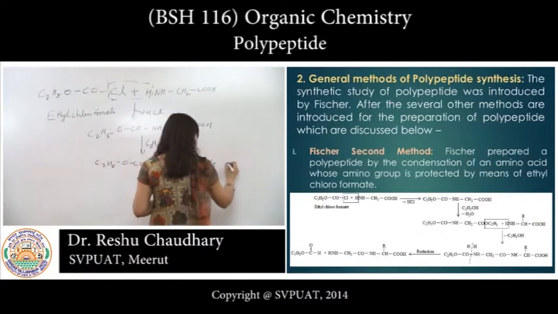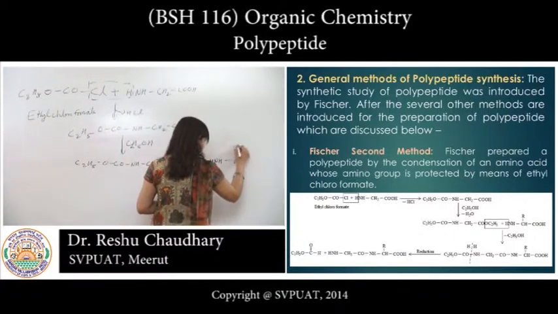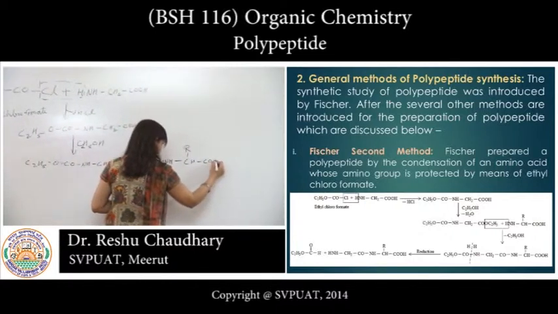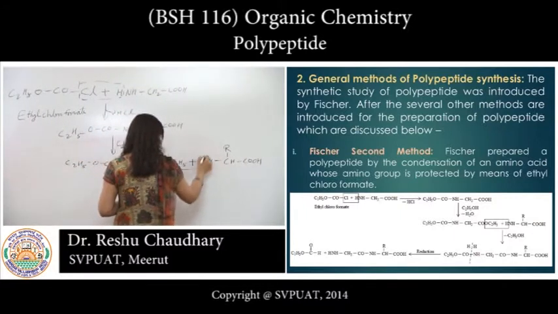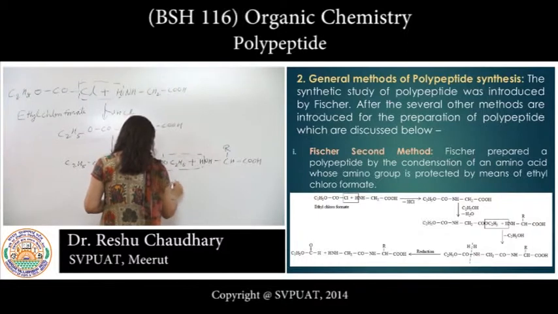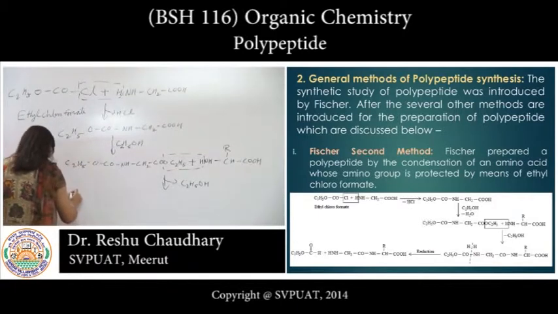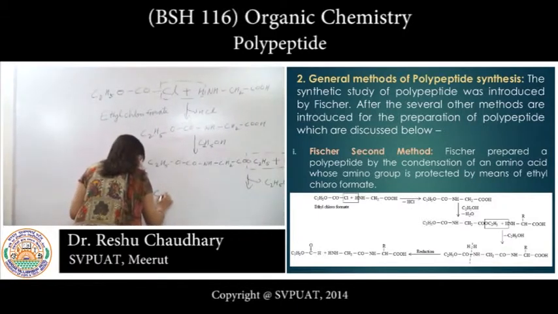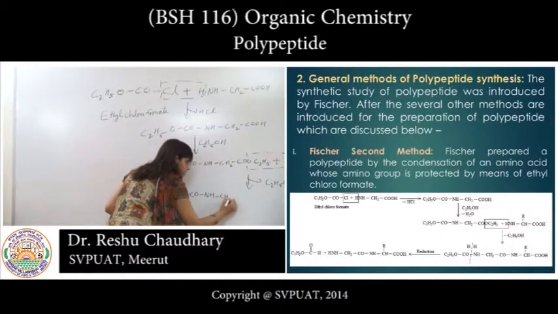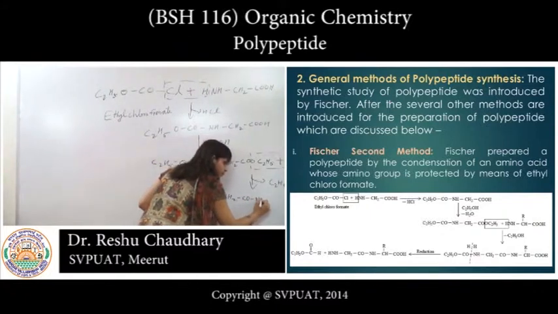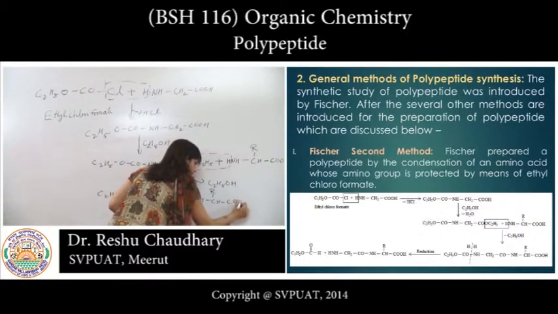When it reacts with another molecule of amino acid, there can be any type of amino acid, acidic, basic or aromatic, then ethyl alcohol comes out, C2H5OH comes out, and the product will be C2H5O, CO, NH, CS2, CO, another peptide bond is formed, CHR, COOH.